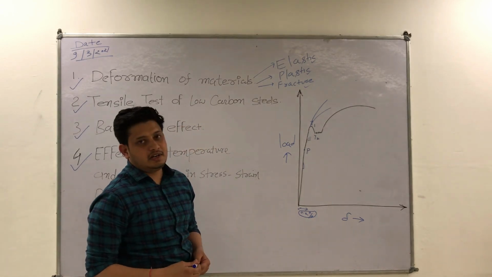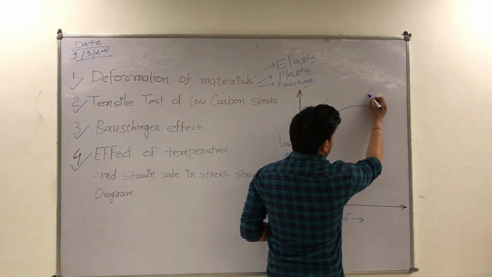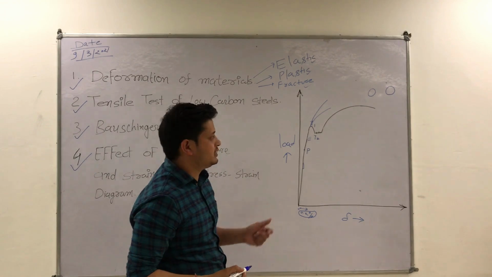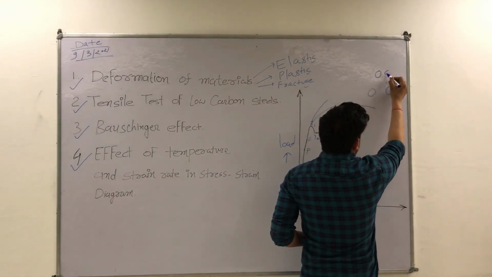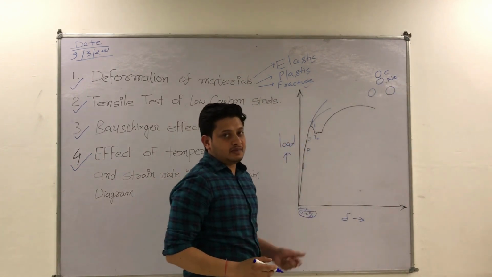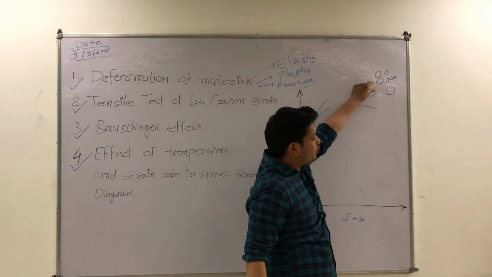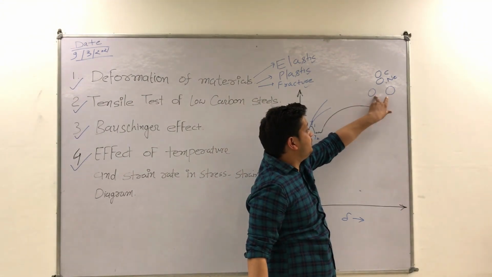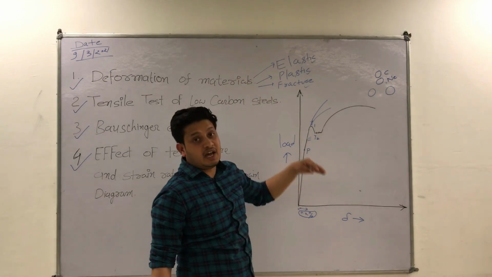In the case of steel, carbon and nitrogen are the impurities. Suppose these are two atoms of iron, or we can say steel. Suppose this is carbon and this is nitrogen, the impurities or foreign atoms in the iron, but the size of the carbon and nitrogen atoms is larger than the interstitial gap or bond length between two iron atoms, so these atoms are pushed towards the higher energy side.